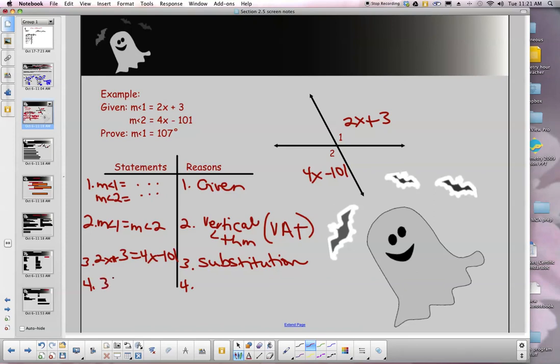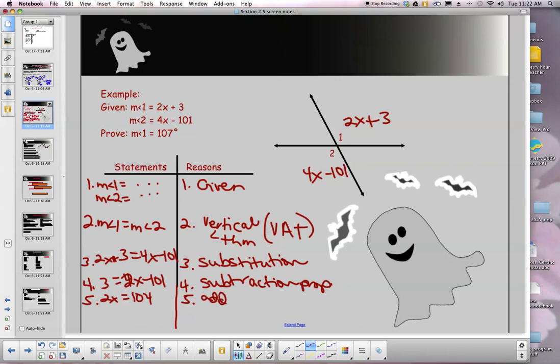Okay, so I'm going to subtract my 2x. So I'm going to have 3 equals 2x minus 101, because I subtracted 2x from both sides, so that's the subtraction property. Then I'm going to add my 101, so 2x equals 104, and that would be the addition property.